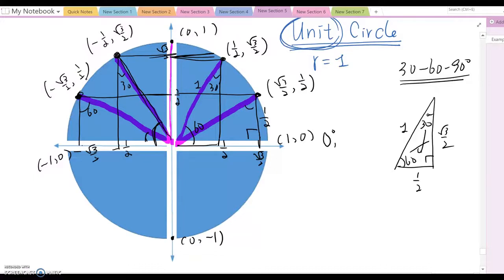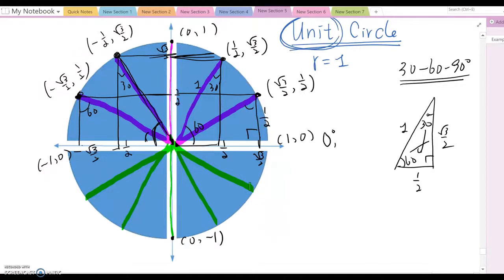Now, let's complete the other half circle. I'm going to cut 6 pieces again, like this. Okay.